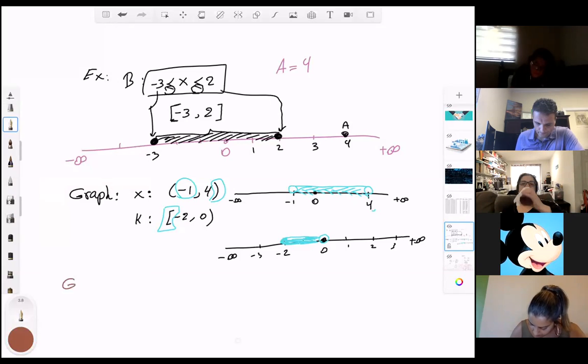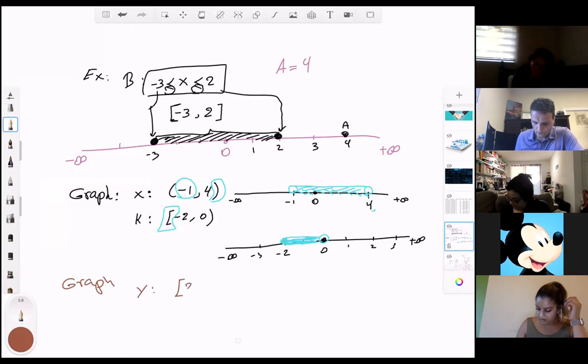Graph Y, which is bracket 2 comma positive infinity.